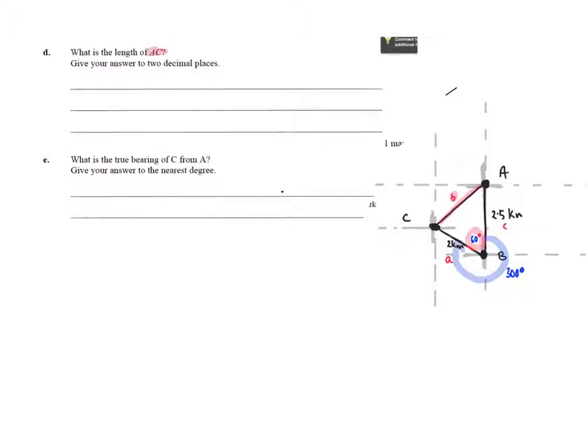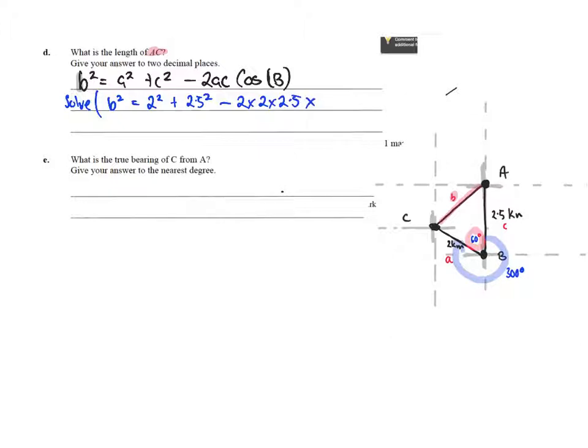I'm going to use the cosine rule. So I'm going to use b squared equals a squared plus c squared minus 2ac cos b. And into the calculator, I'll have solve b squared equals 2 squared plus 2.5 squared minus 2 times 2.5 times cos 60, and I'll go comma b.